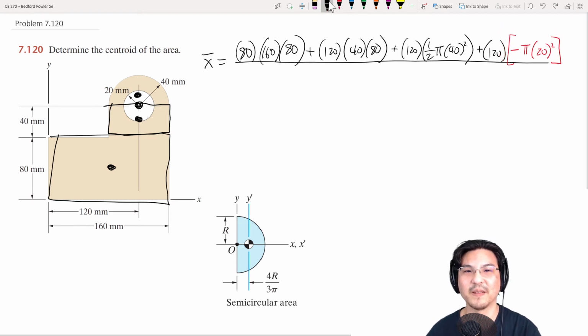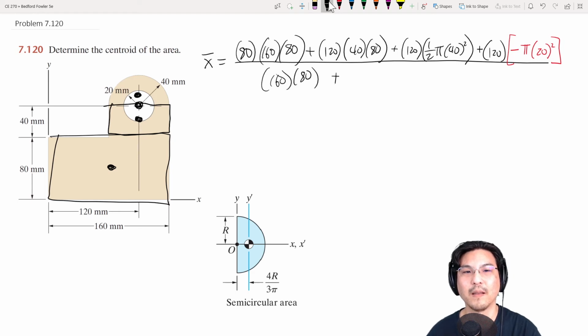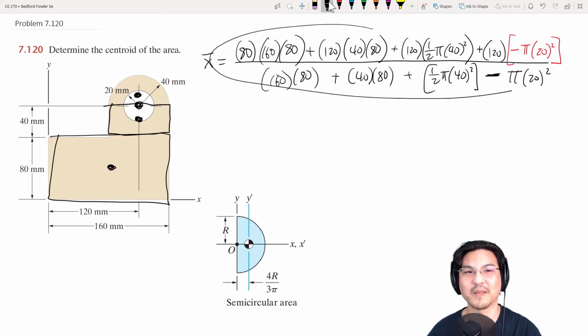Okay, and then divided by the total area: this, this, this, and this, and negative. So that's the x component of the centroid.